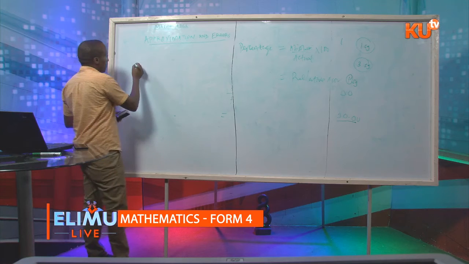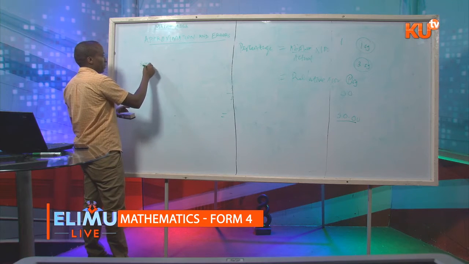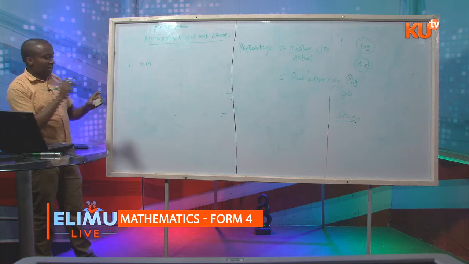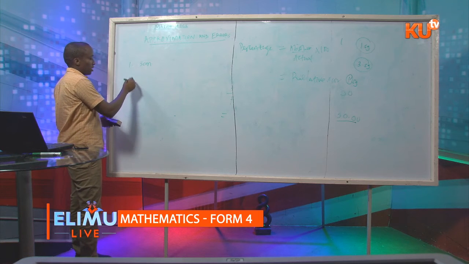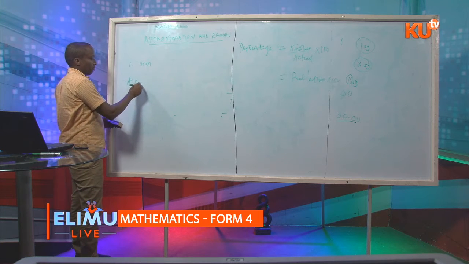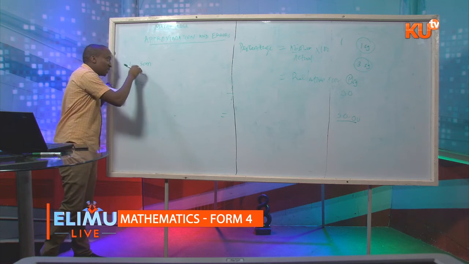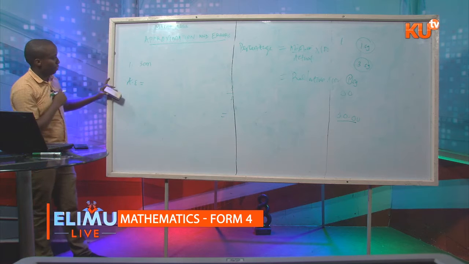So if I say today maybe the measurement of this one is 3 centimeters, I want to get the absolute error, that is the first one. You come and check the least measuring unit of the measurement given.